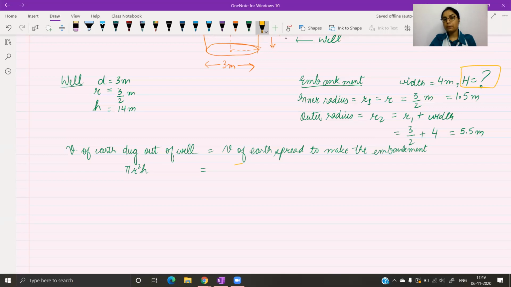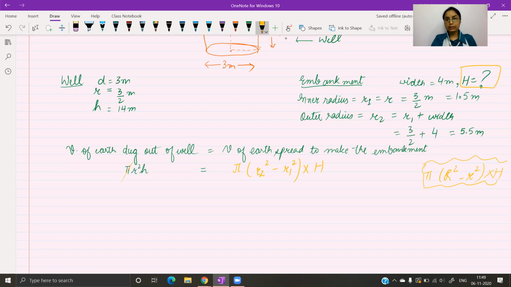This will be pi (R2 square minus R1 square) multiplied by H. If you are using capital R and small r, this will be the area of the ring multiplied by the height. You can also use this.